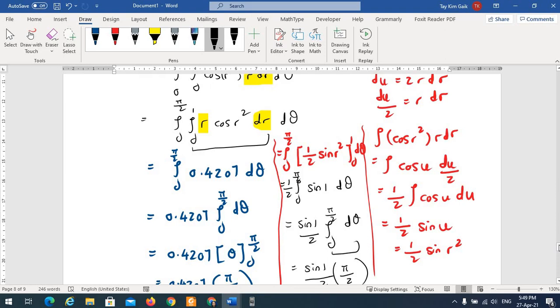So the inner integral, you get the result is half sin r squared. That's why I didn't put limit. When I integrate with respect to u, I put an indefinite integral. So lastly, you get half sin r squared, then you put r from 0 to 1. And at last, integrate with respect to theta.